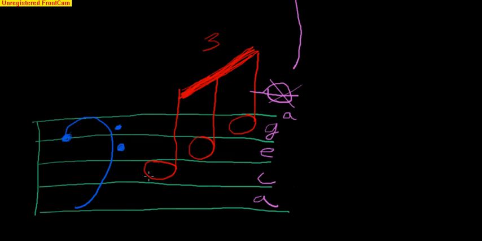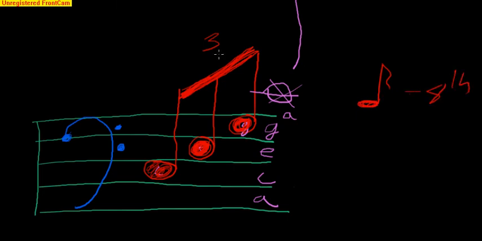So then, you know, to wrap this up, we can go quickly and say that this is a C, that's an E, and that's a G. And there's no sharps or flats or anything, so that's just what they are. And then I showed you this quickly before, but if they look like eighth notes, which is, you know, when they have this bar across, or if they were to have a flag, that would be an eighth note.